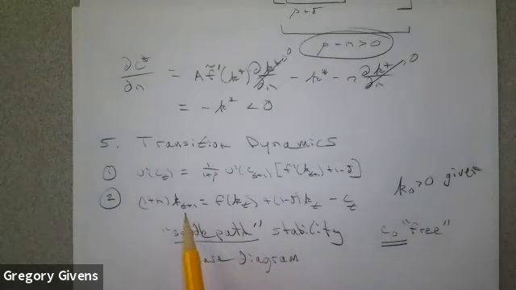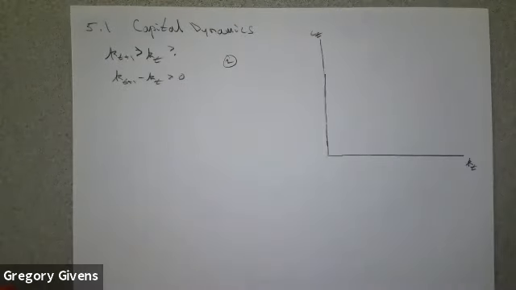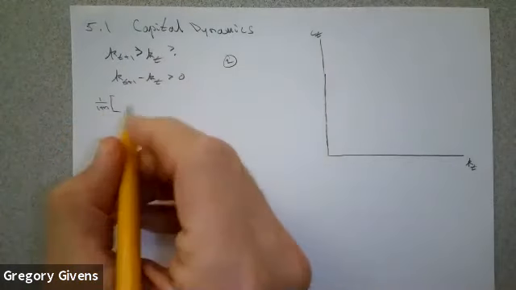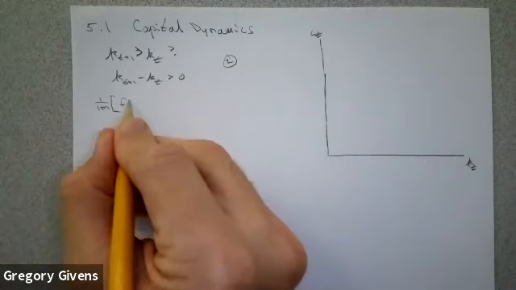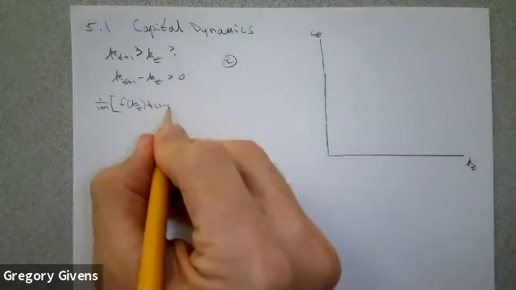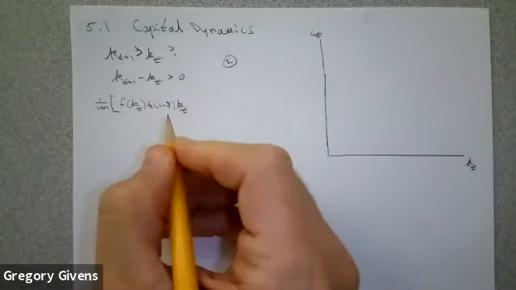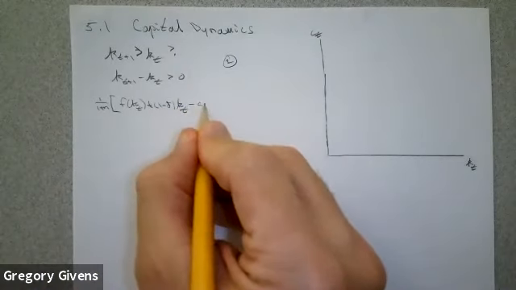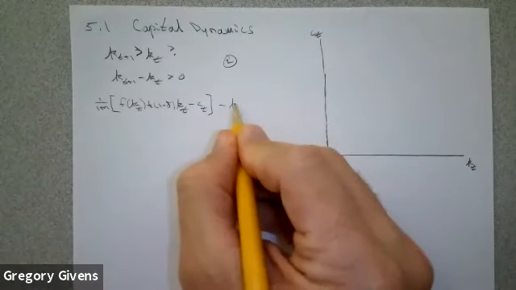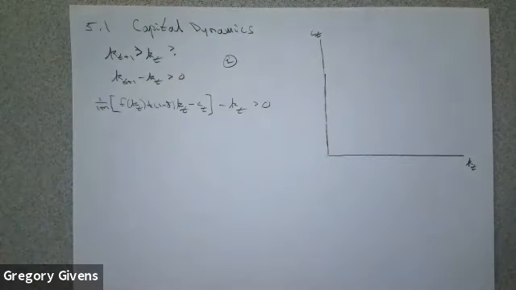I can solve for K_{t+1} as a function of K_t and C_t directly from equation 2. It's equal to 1 over 1 plus n times f of K_t plus 1 minus delta K_t minus C_t minus K_t is bigger than 0.